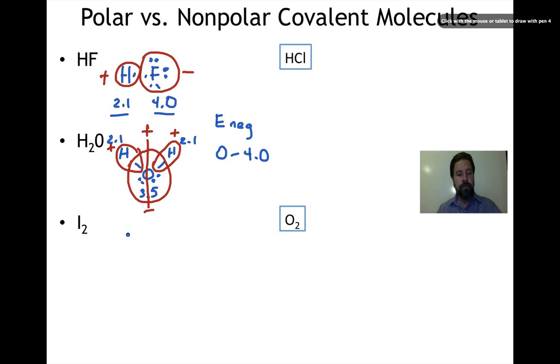Now, iodine, I2, has a special case going on with it because it's bonded to itself. Iodine has 7 valence electrons because it's a group 17 or a group 7A element from a group called the halogens. And we're going to draw another one right next to it because I2 means that there's 2 of them. So we're going to have 7 valence electrons around this one as well. Now, we saw on a previous page that these 2 can smush towards one another.